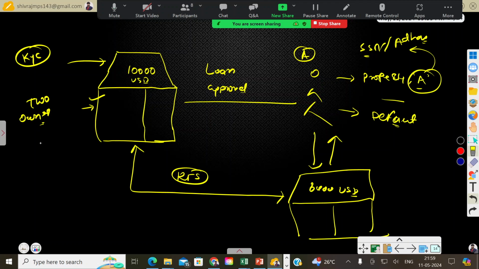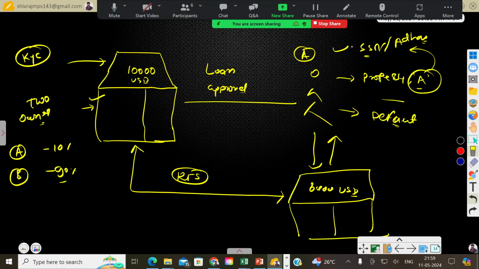A is holding only 10% and B is holding 90%. But just because of the documentation process, they missed checking the other documents, so they couldn't rectify the two owners of the same property.